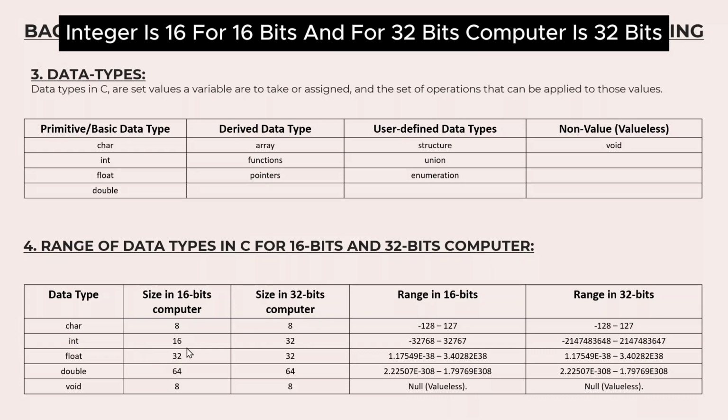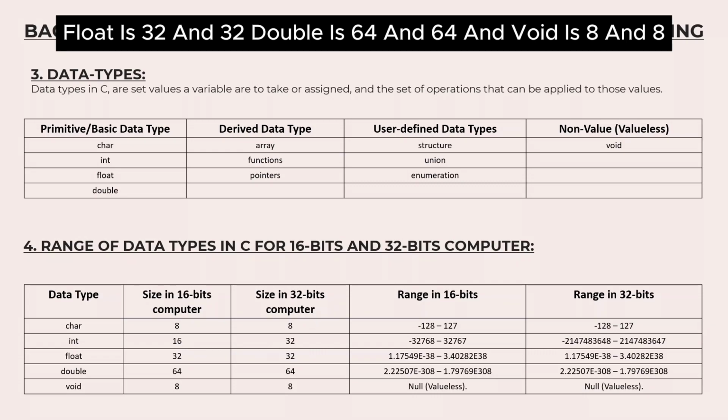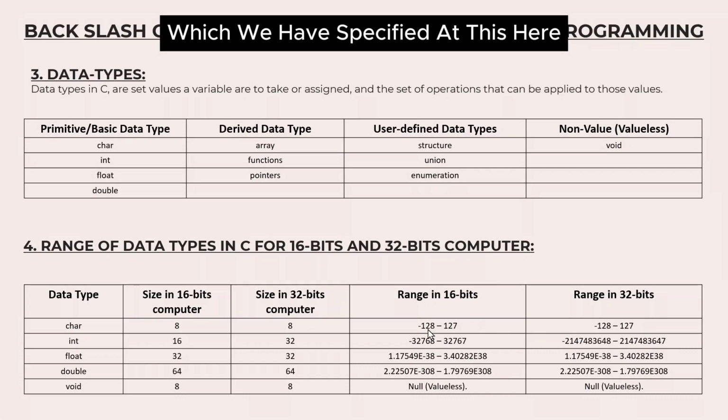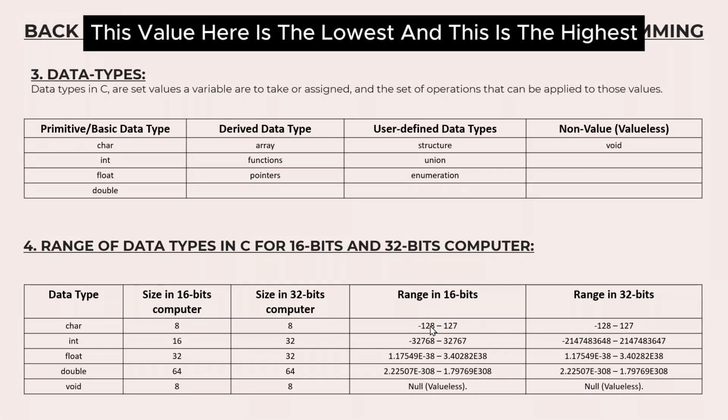Integer is 16 for 16-bit, and for a 32-bit computer is 32 bits. Float is 32 and 32. Double is 64 and 64, and void is 8 and 8. The various ranges in 16-bit and 32-bit are described here, where this value is the lowest and this is the highest.